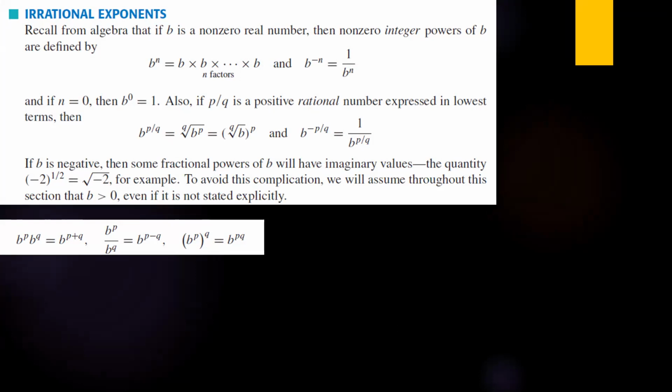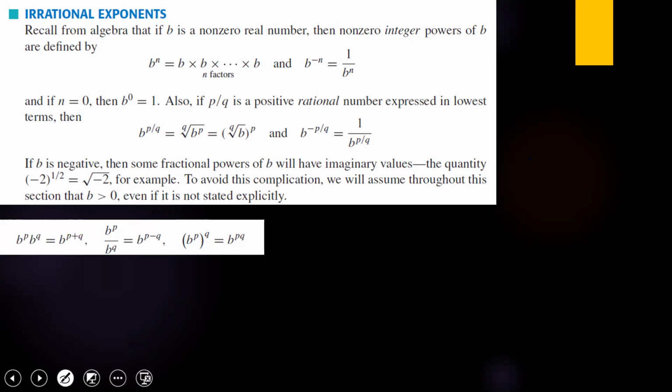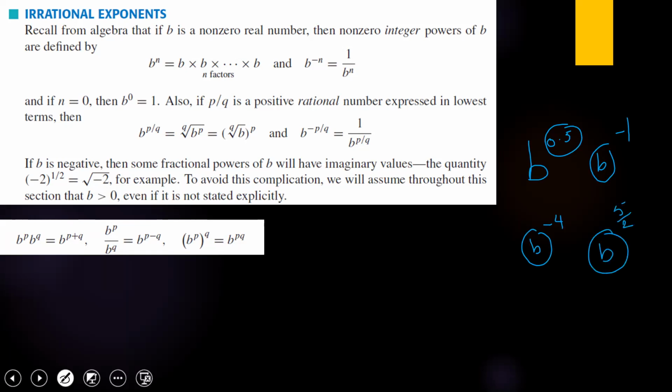Irrational exponents, like if you have a number b with a base of 0.5, with a base of -1, with a base of -4, with a base of 5/2. These are examples of exponents. Let's talk about their properties.